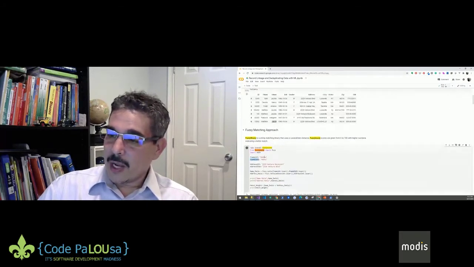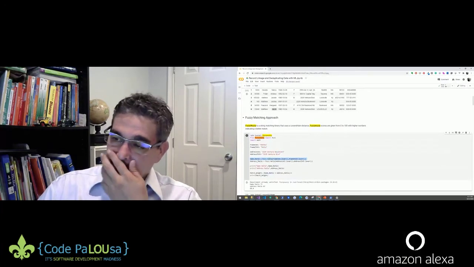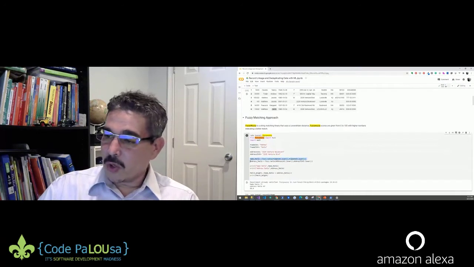I also get the address, and then I try to figure out the distance between the first names of both records, and also between both addresses, and then I find the ratio of the difference between the two.